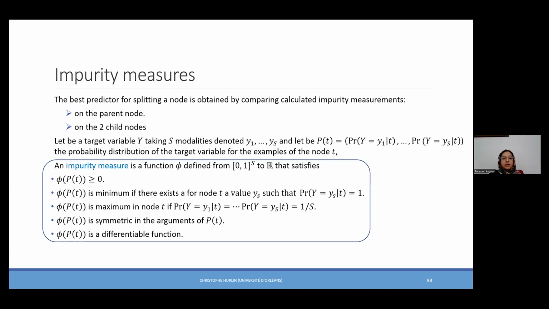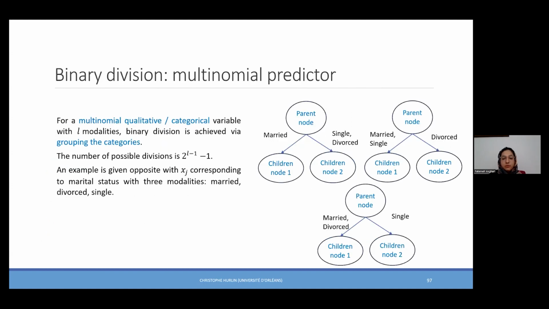In the previous slides, you said that we choose the variable so that it is the most homogeneous with respect to y.